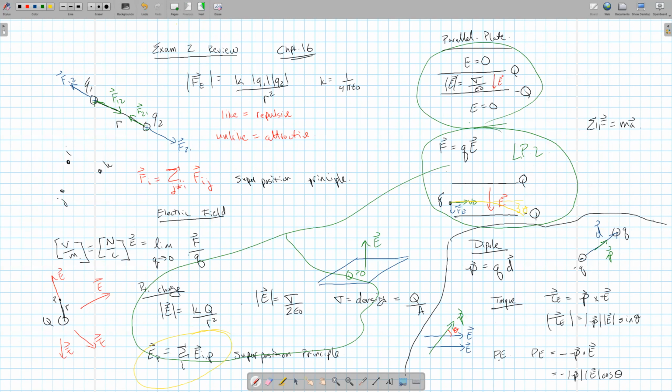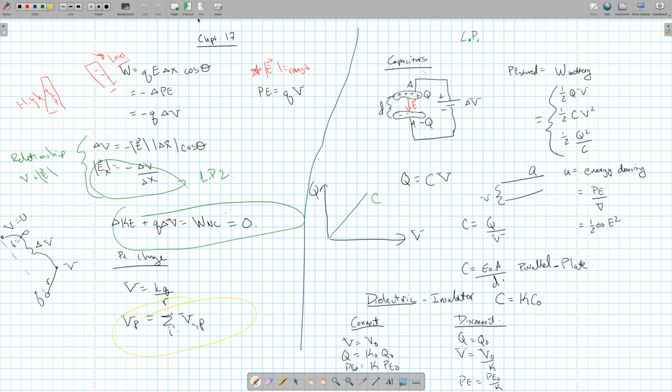Dipoles would also be a good short answer type question. Things like that. Also things about static electricity, what static electricity is, and also things like dielectrics. So that's it. Not too terribly much stuff on this particular exam.